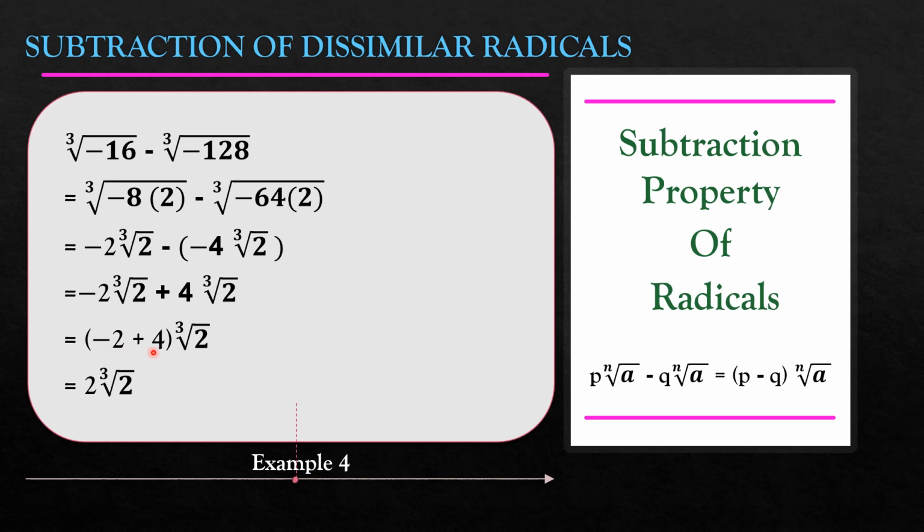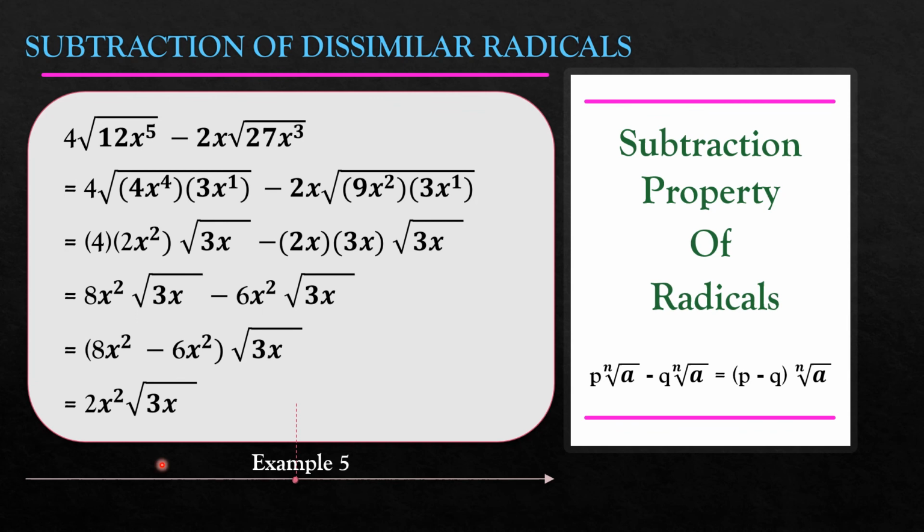So, negative 2 plus 4, unlike sign, so you subtract. So, negative 2 plus 4 is positive 2, and then copy the common radical, which is cube root of 2. So, the difference of cube root of negative 16 and cube root of negative 128 is 2 cube root of 2.